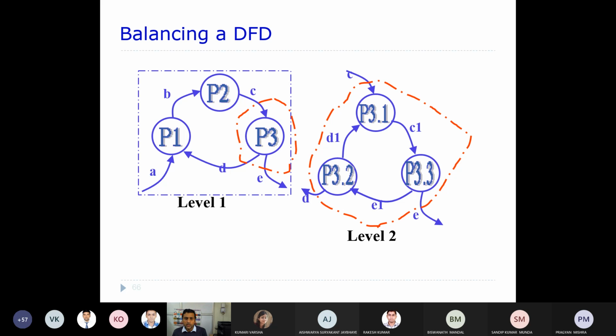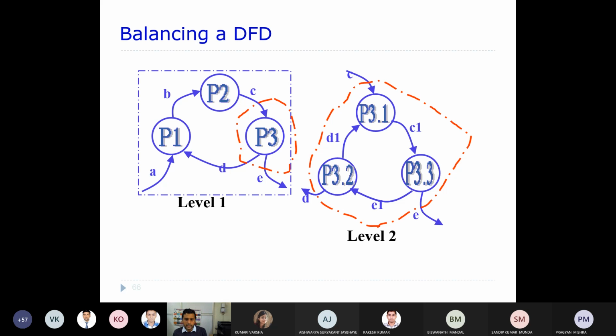Now if you see, this P3.1 takes one input, and it takes another input as D1 from P3.2.1, and it is going to give you some output C1. Whatever may be. So for each and every process, you might have a different number of inputs.